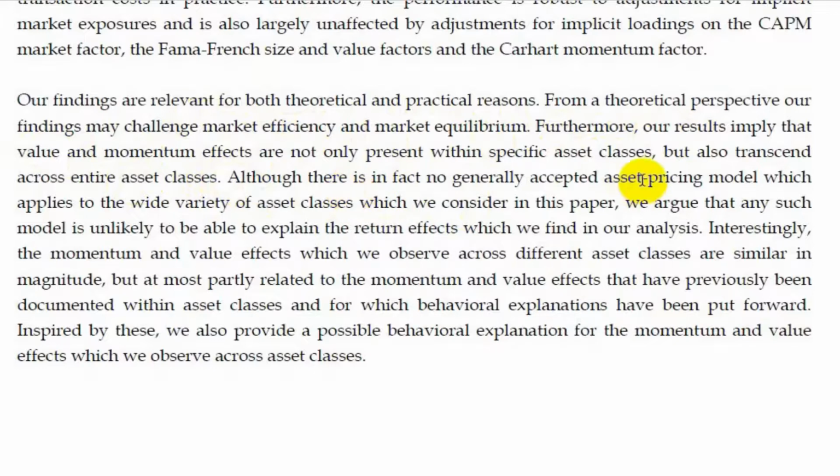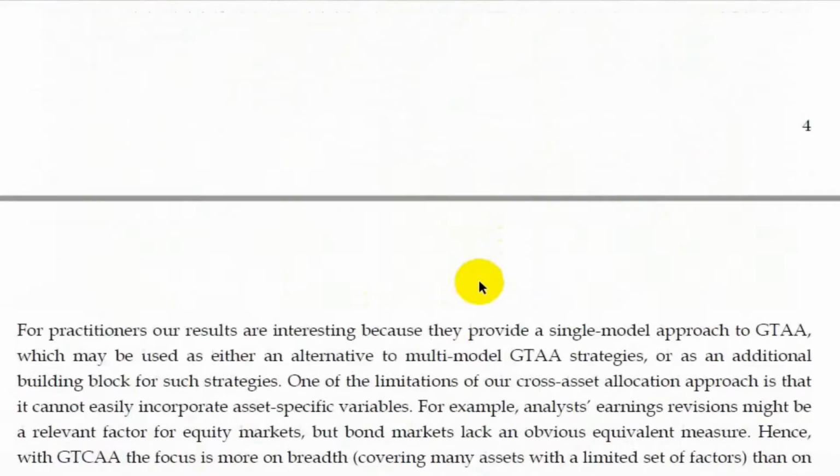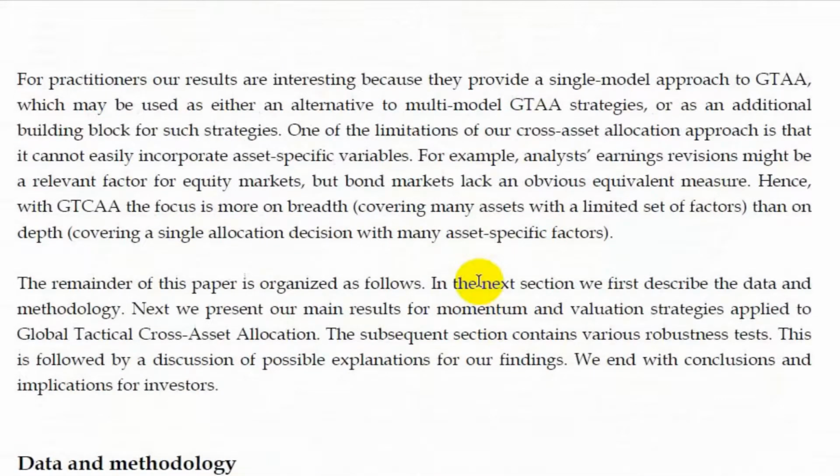And they note that no asset pricing model is likely to explain these results. And so the authors are going to provide a possible behavioral explanation for the momentum and value effects which they found across these asset classes.